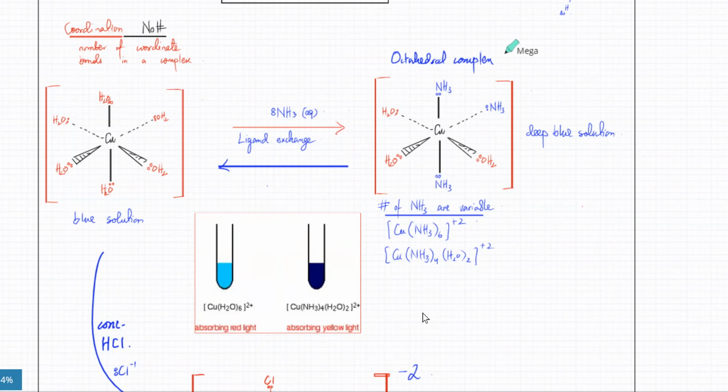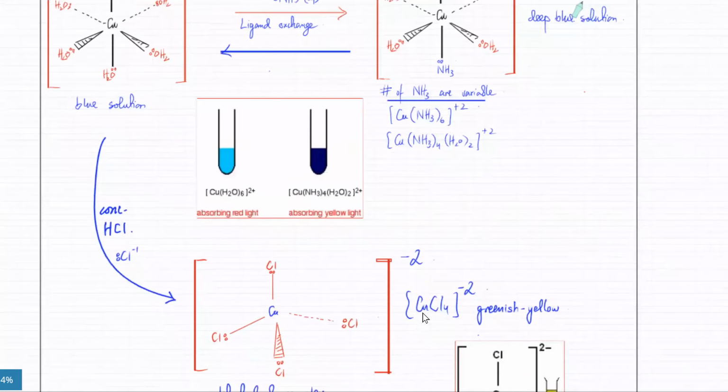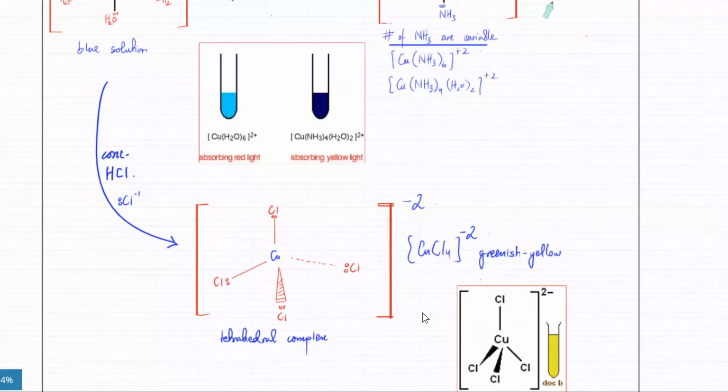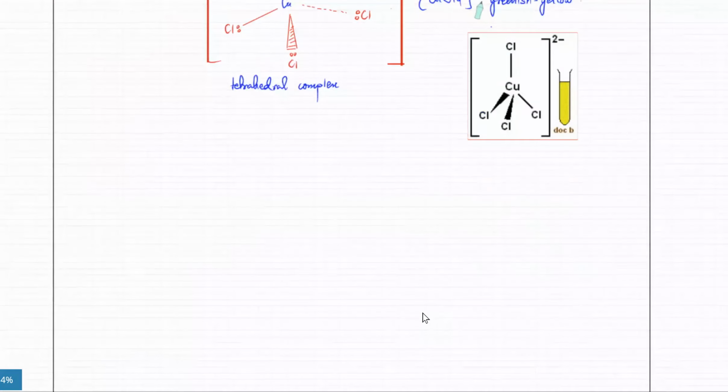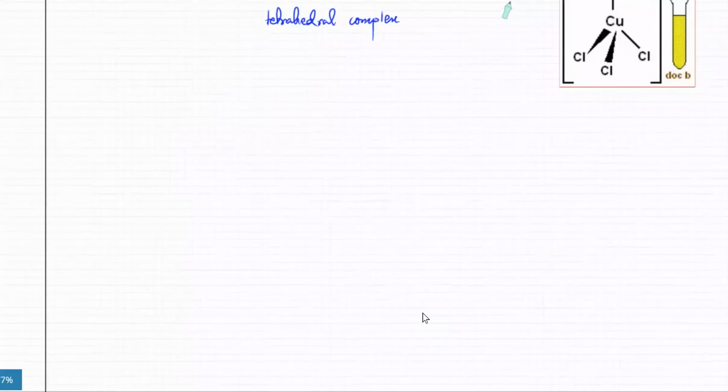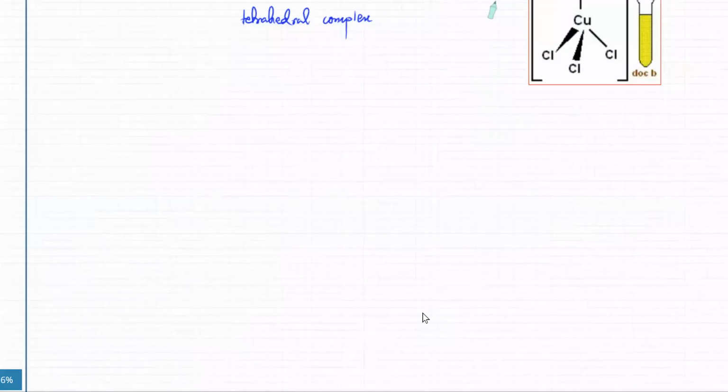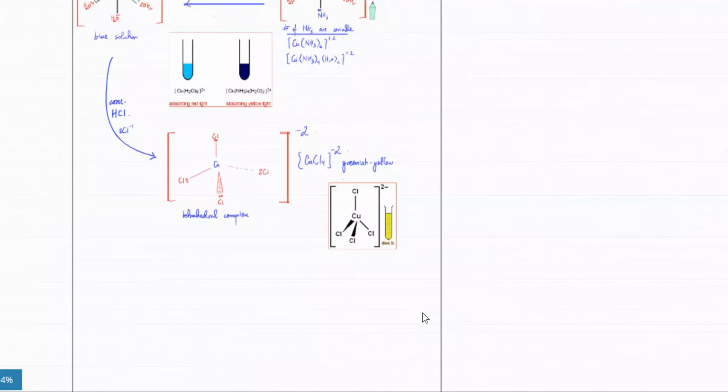I'll add one more to this. There's one more complex that you've got to remember for copper, and also for cobalt as well. One more that you have to remember is with OH ions. What if I add OH ions? So let me draw an arrow.